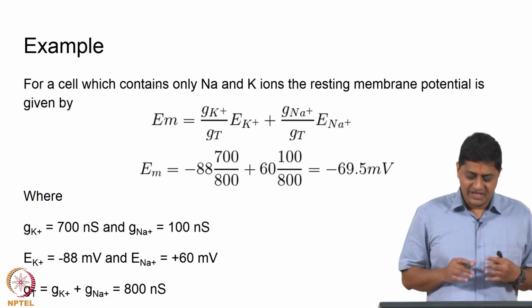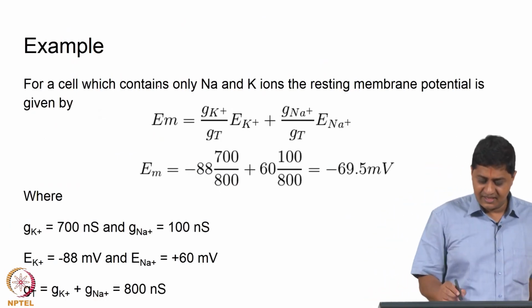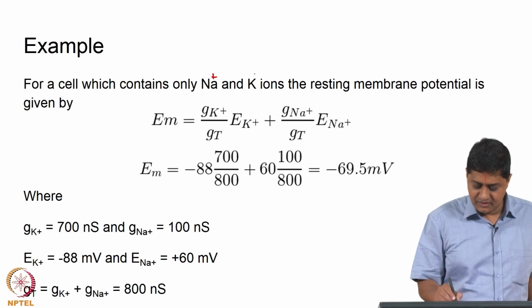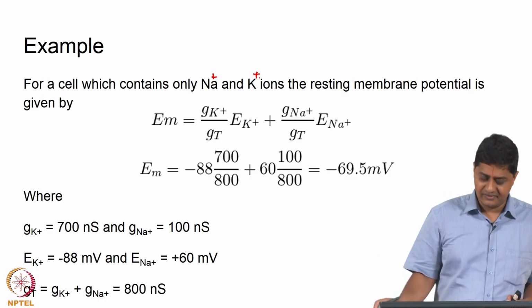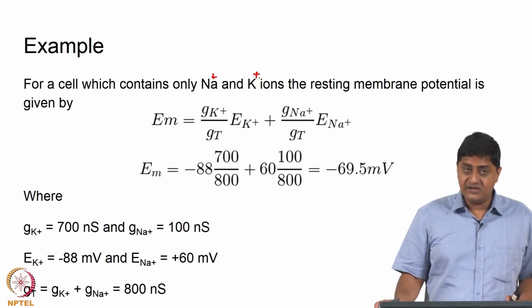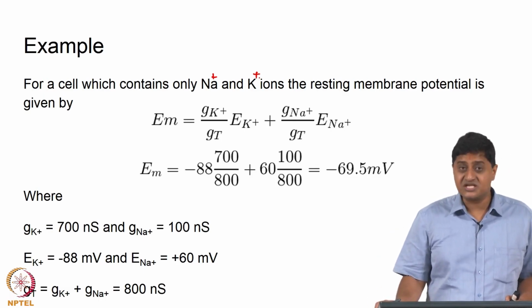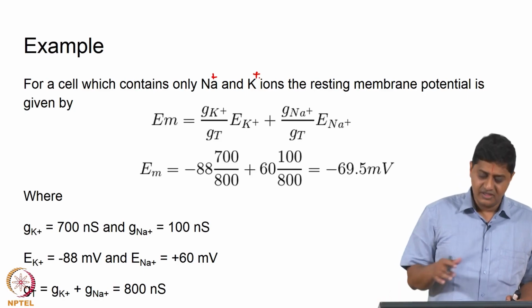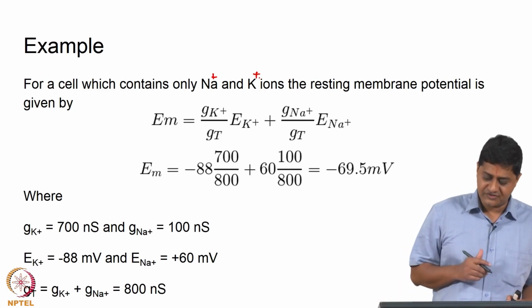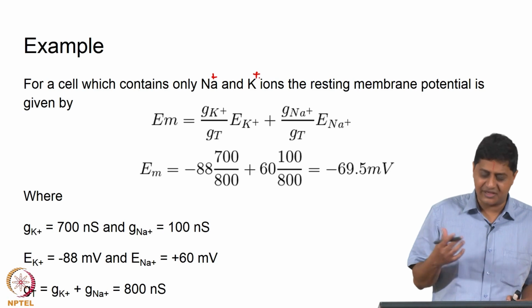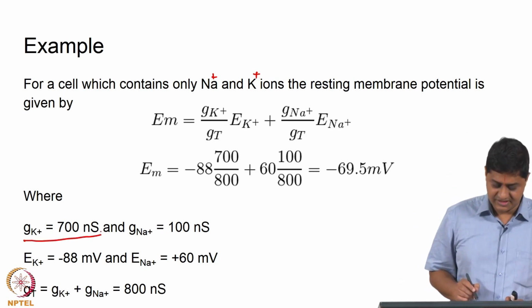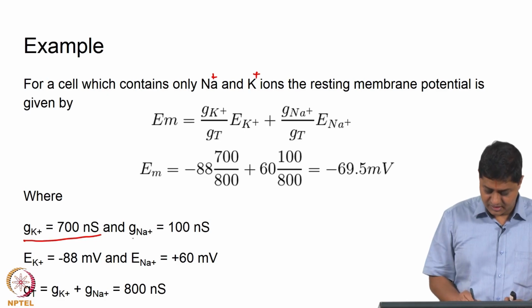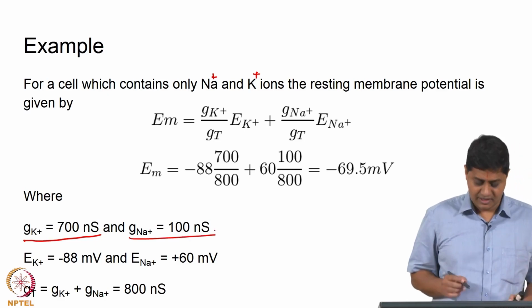Let us assume, to make it simple, that a cell contains only the sodium and potassium ions, there is no other ion in that cell, and let us try to compute the resting membrane potential as a function of the equilibrium potentials for sodium and potassium and the relative conductances. Let us suppose the potassium conductance is 700 and the sodium conductance is 100.